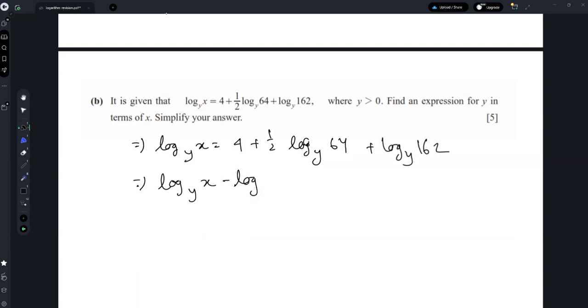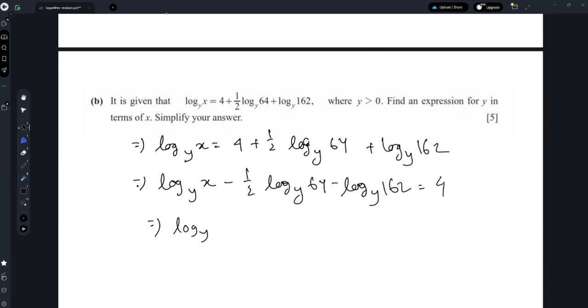So I get log base y of x minus half log base y of 64 minus log base y of 162 equals 4. Half log base y of 64 I can write as log base y of 64 to the power half. 64 to the power half can be written as the square root of 64, which is going to be 8.